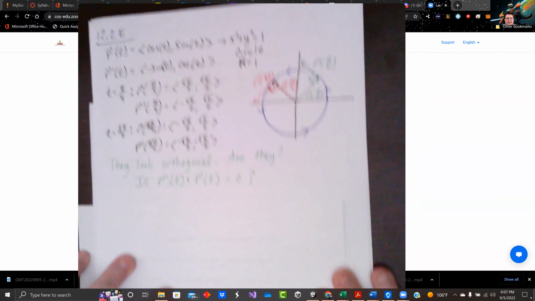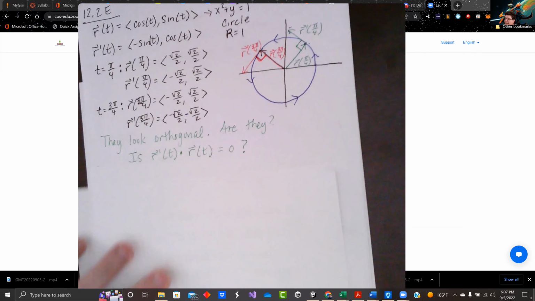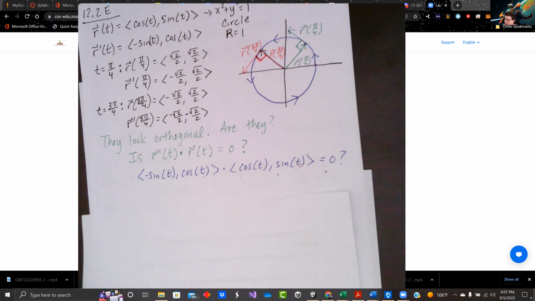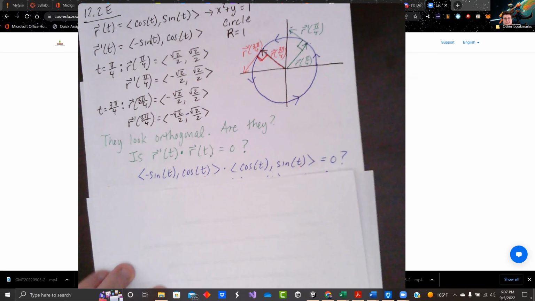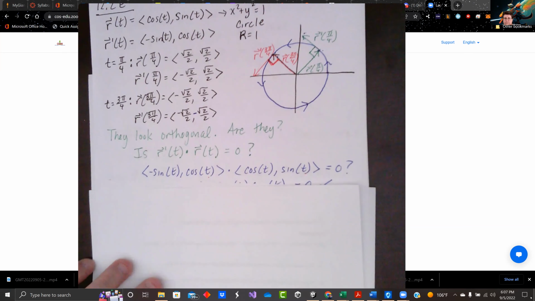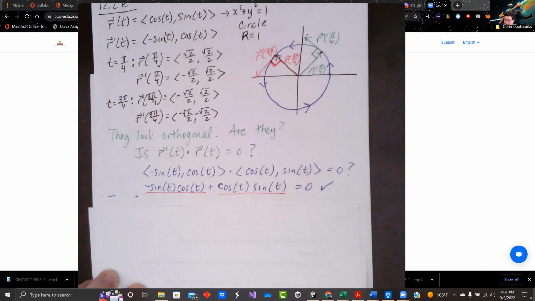Is r prime of t dotted with r of t equal to 0? That's how we check for orthogonality. Let's take a look at it. So r prime of t is negative sine t, cosine t. R of t is cosine t, sine t. Let's dot them. I get negative sine t cosine t and cosine t sine t. Add them together, they do cancel out.